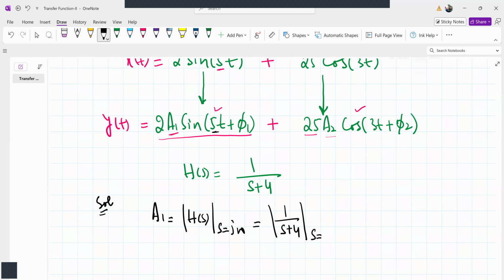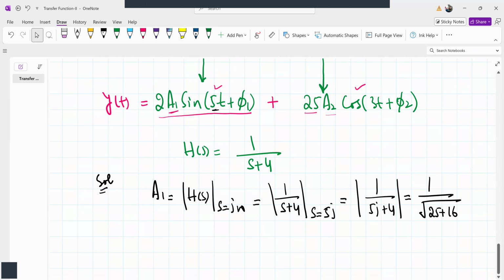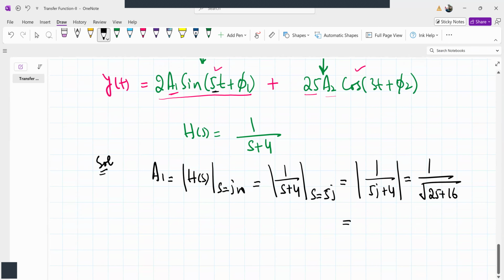Omega in this case is 5, remember. So put s equal to 5j. So this will be 1 divided by 5j plus 4. What is the magnitude of this? 1 divided by under root of 25, 5 squared, plus 4 squared, that is 16. I think this is 39. Please check the calculation. 1 divided by under root of 39.